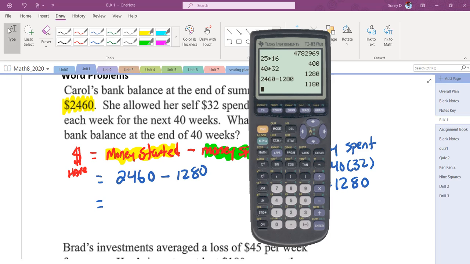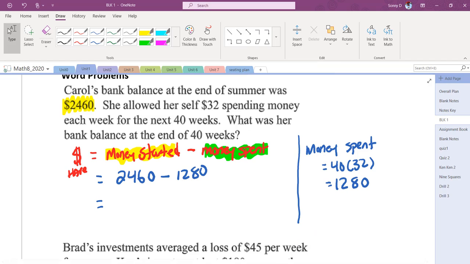Your math was right, but maybe you made a mistake just subtracting the two numbers. 1,180 is the number I come up with. I got 1,220. I would double check your subtraction. All right? Oh, wait, never mind. Can't minus 6. 1,180. All right.